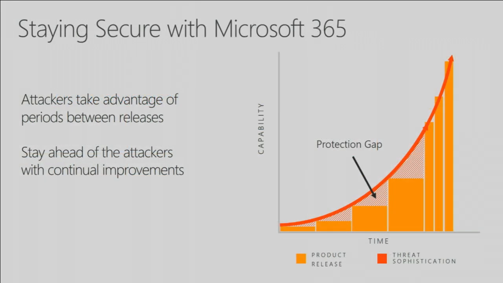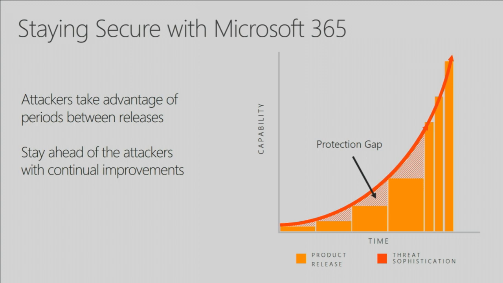One more thing about staying secure with Microsoft 365. What we've seen in the past is, think about the orange boxes basically as Windows releases. We had the Windows Vista release, the Windows 7 release, the Windows 8 release, the Windows 8.1 release. With each of the releases, there was a protection gap because there was a fair bit of time between a new Windows release, right?